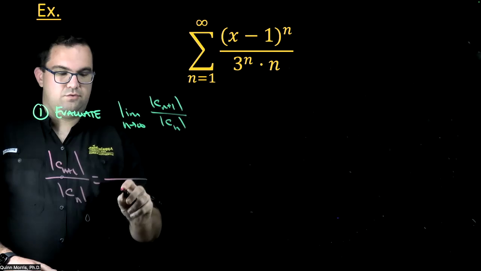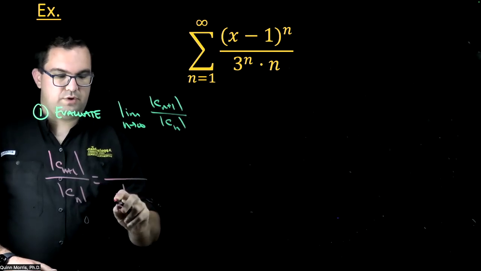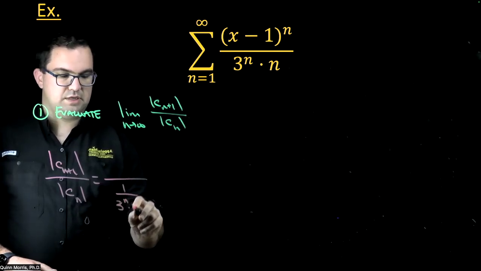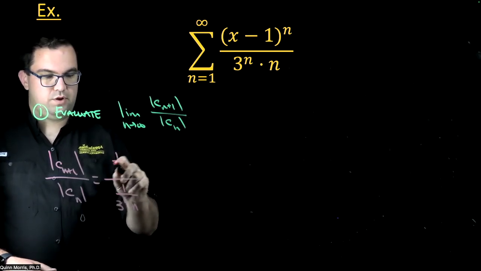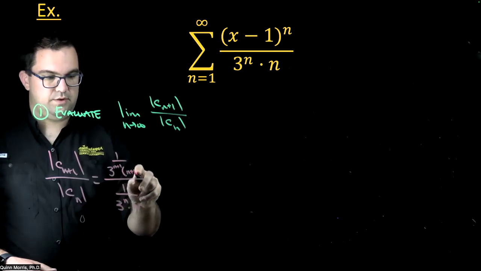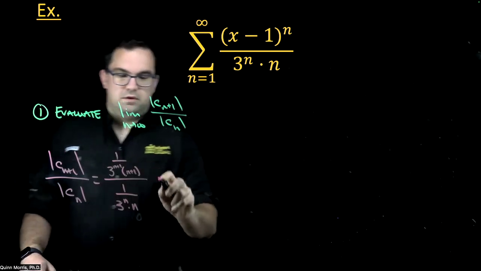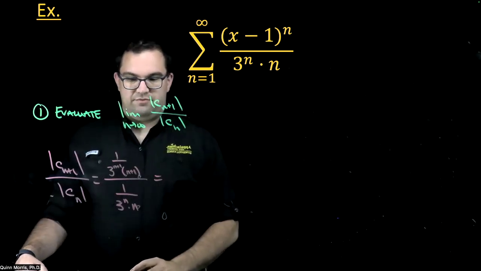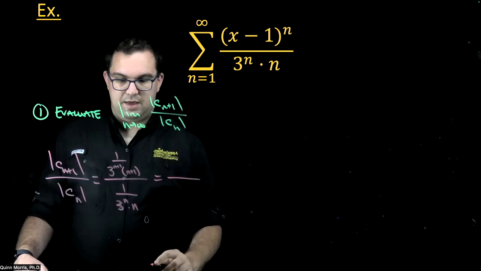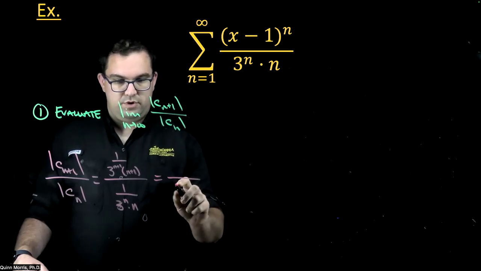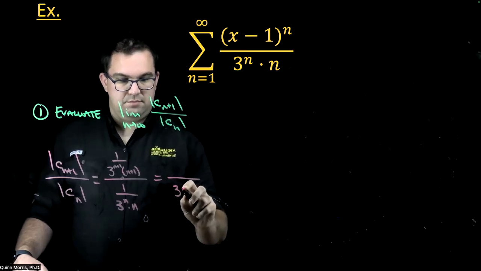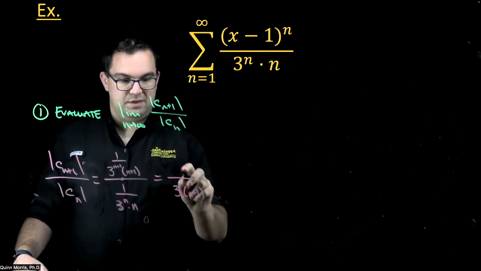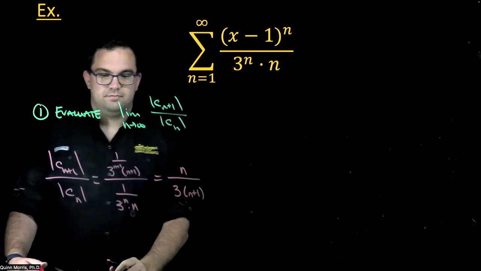So Cn will just be 1 over 3 to the n times n. The Cn plus 1 will then be 1 over 3 to the n plus 1 times n plus 1. Now, doing a bit of algebraic simplification, I will get 3 in the denominator, an n plus 1 in the denominator, and the n in the numerator.